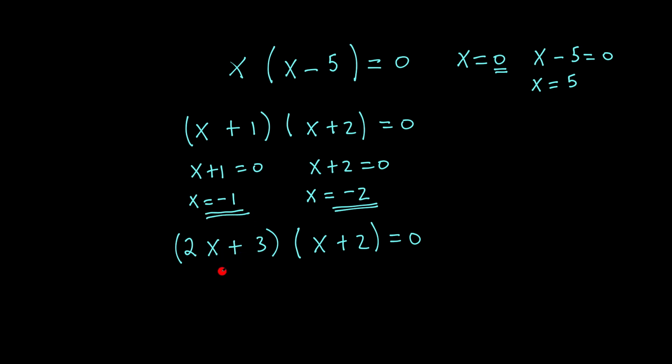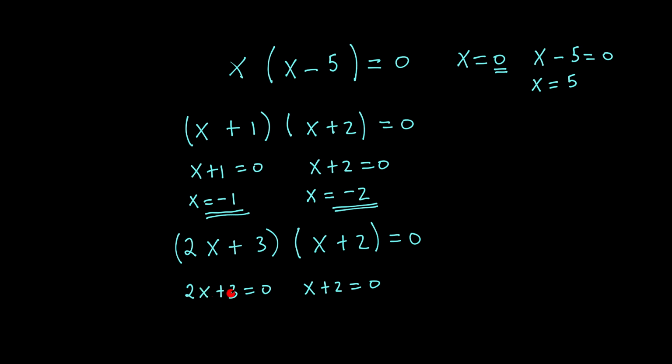And let's look at the next pair here. So we've got (2x plus 3) times (x plus 2) is equal to 0. Once again, two possibilities. Either 2x plus 3 is equal to 0 or x plus 2 is equal to 0.